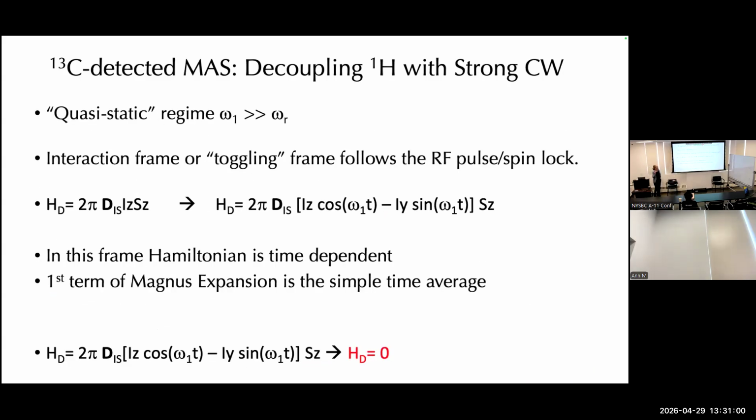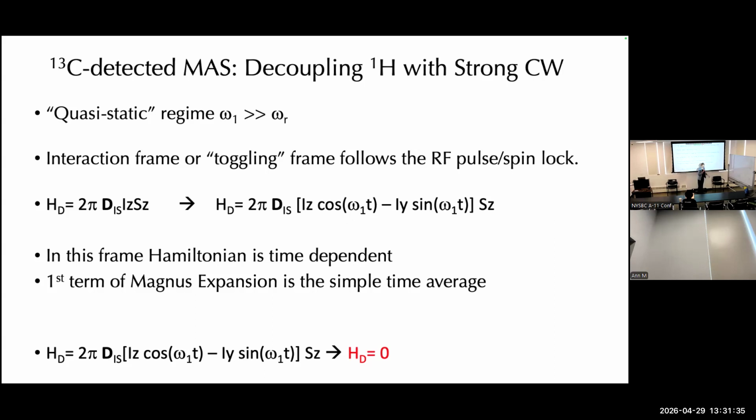So think about a quasi-static regime. If we're going to use high power decoupling and lower frequency spinning, pretend the spinning doesn't matter. Go into the interaction frame or toggling frame where you're following the RF, thinking about what it does to your dipole coupling. Here's your truncated dipole coupling. If I irradiate at I, and carbon is S, then I will become this.